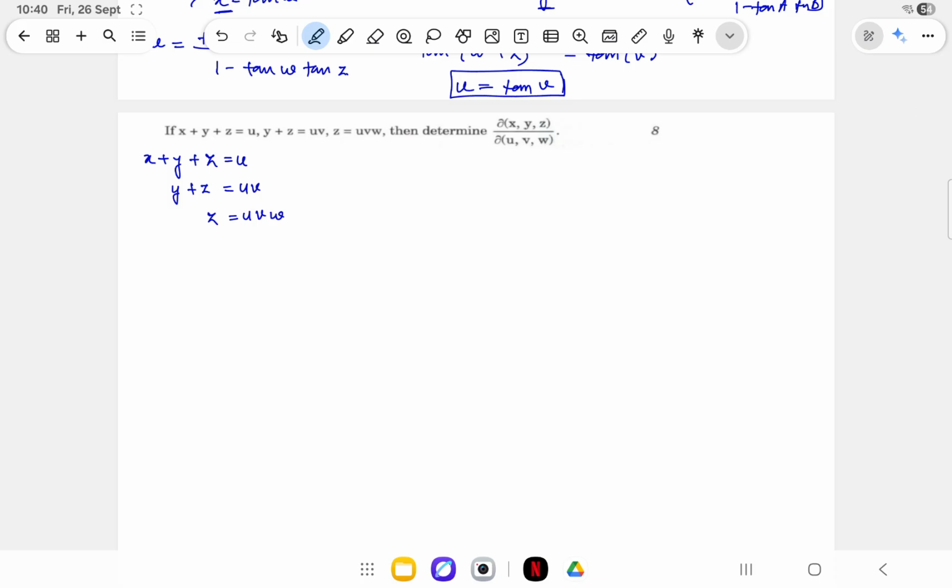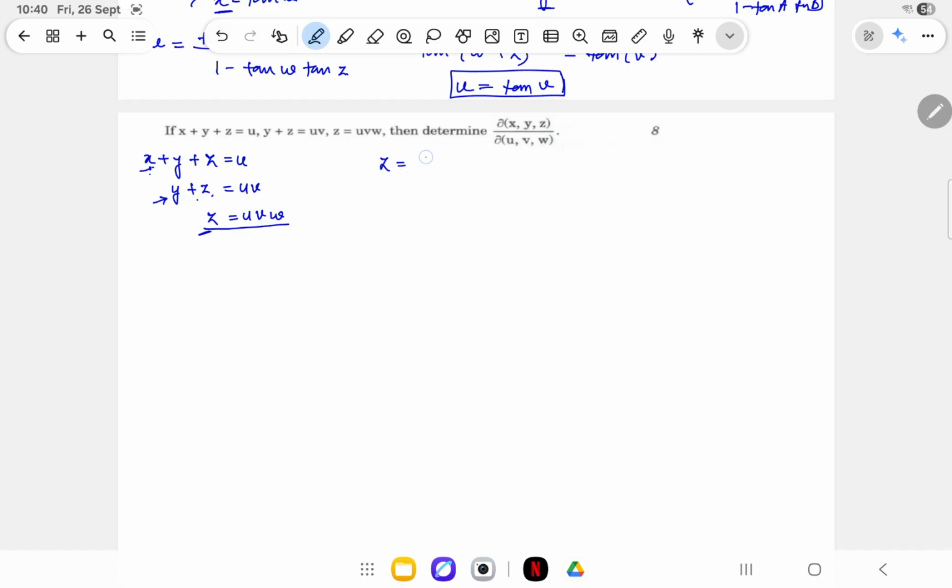If you simplify, they have given us the value of z, so using that you can easily calculate the value of y, and using y + z you can calculate the value of x. So let's find the values of x, y and z in terms of u, v and w.